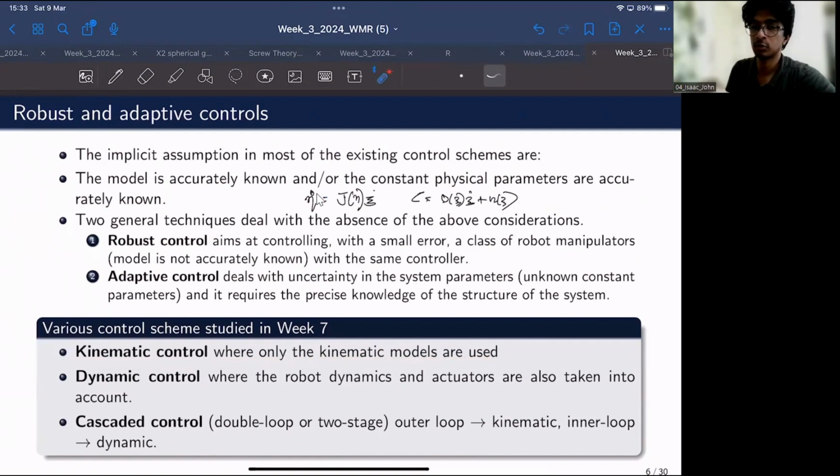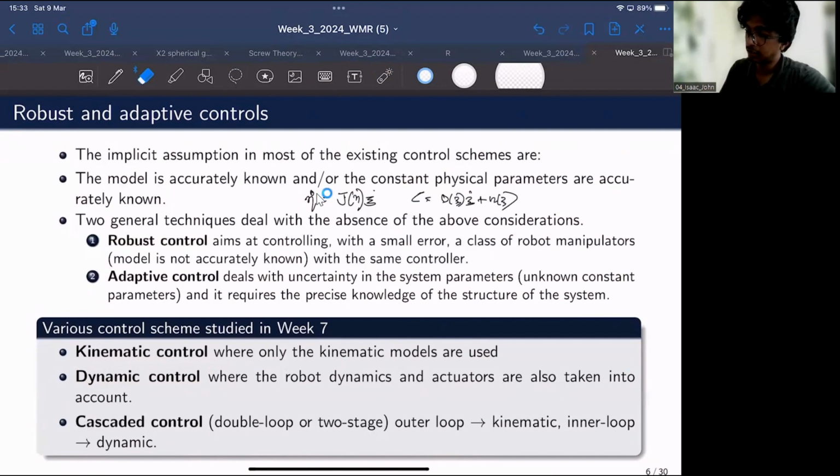If the robot is more or less quasi-static, you only need to restrict yourself to the kinematic model. You have also seen dynamic control, where the robot is no longer quasi-static and you cannot simply neglect the inertial forces and so forth. You also have to take the dynamics of the actuators into account.